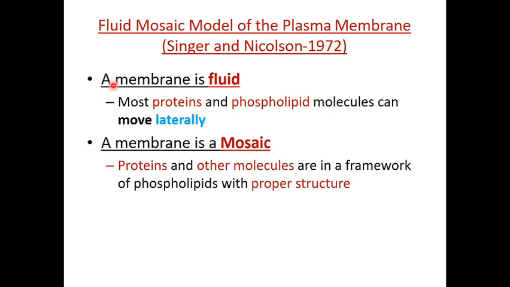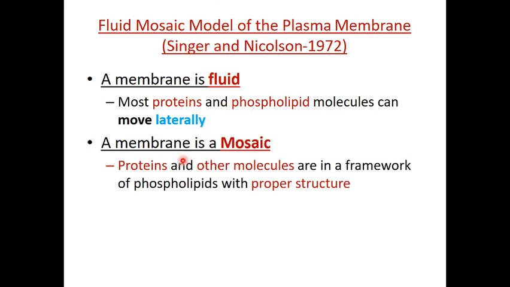According to it, a membrane is fluid-like: most of the proteins in the cell membrane and phospholipid molecules can move laterally like a fluid. So this is the fundamental concept introduced in this model and it is widely accepted.